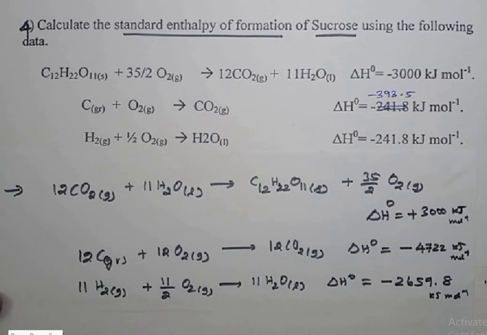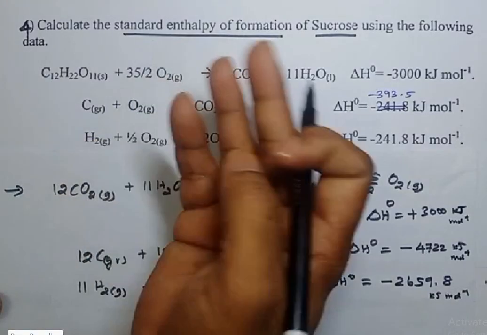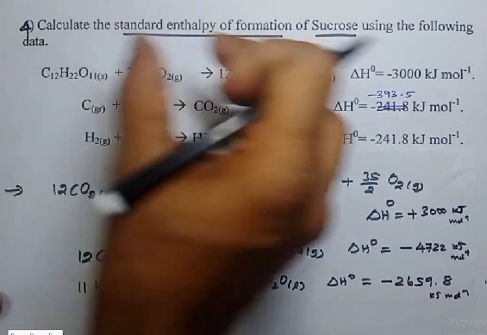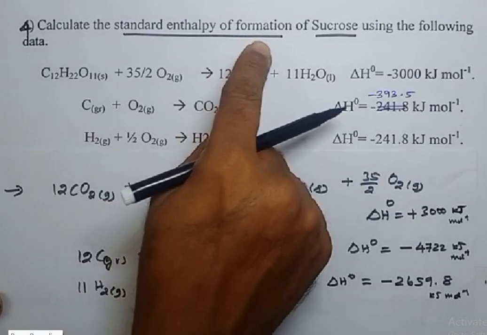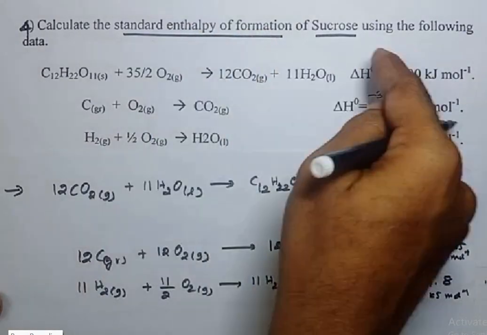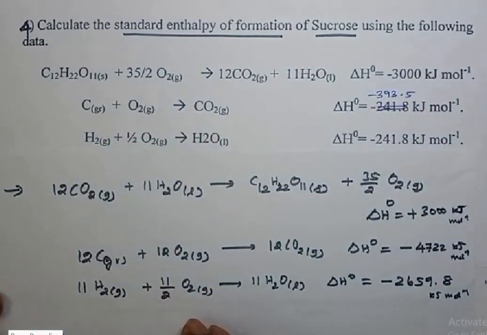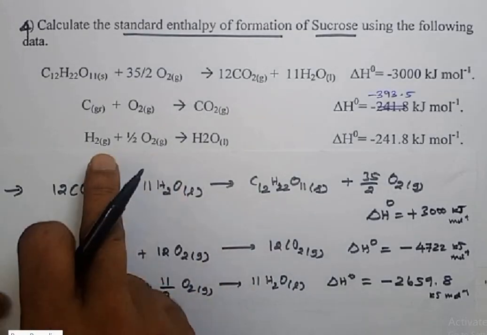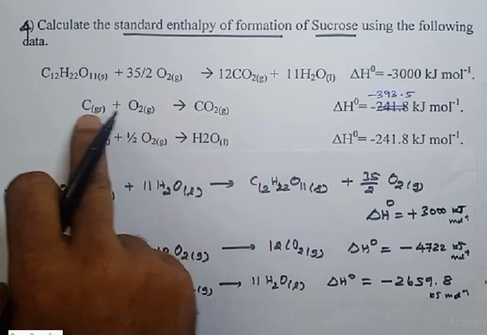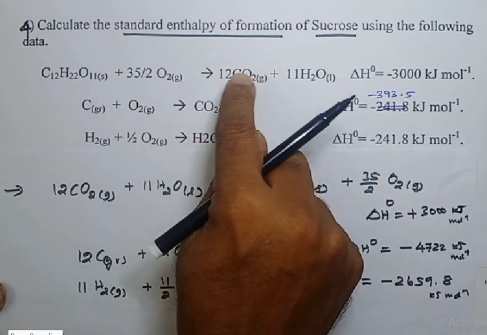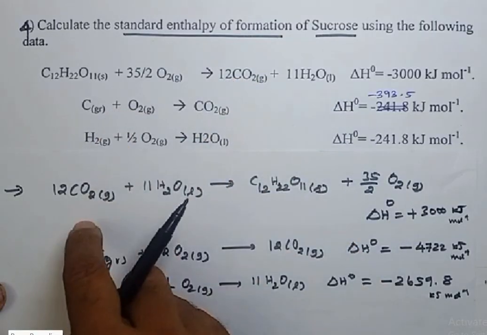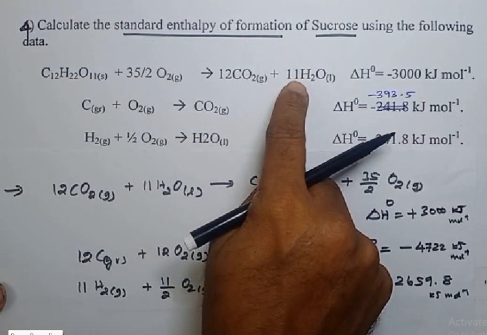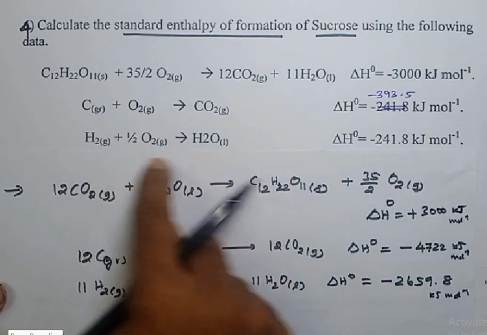So what I did, I reversed the given reaction so that sucrose is on the product side, because we need to find the enthalpy of formation of sucrose. Then multiply this reaction by 12, because we need 12 CO2, and here we have 11 H2O, so we multiply this by 11.